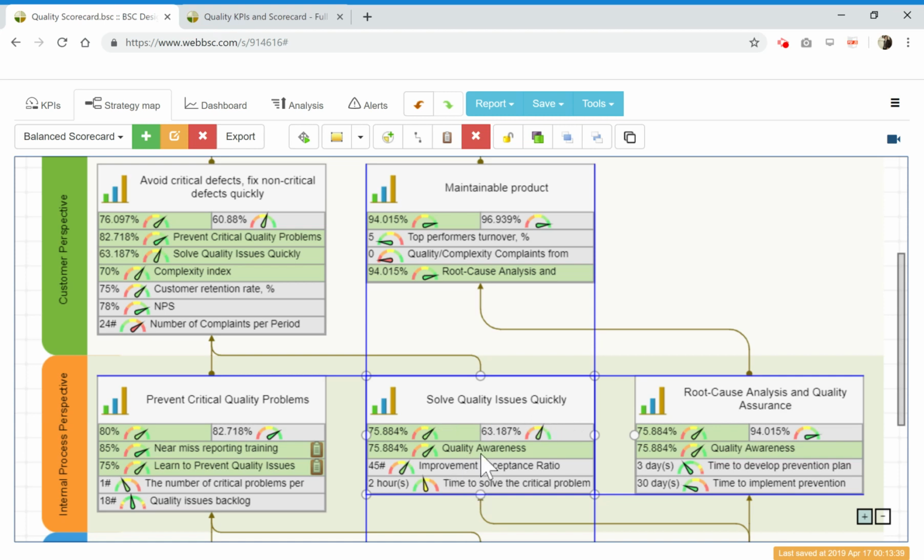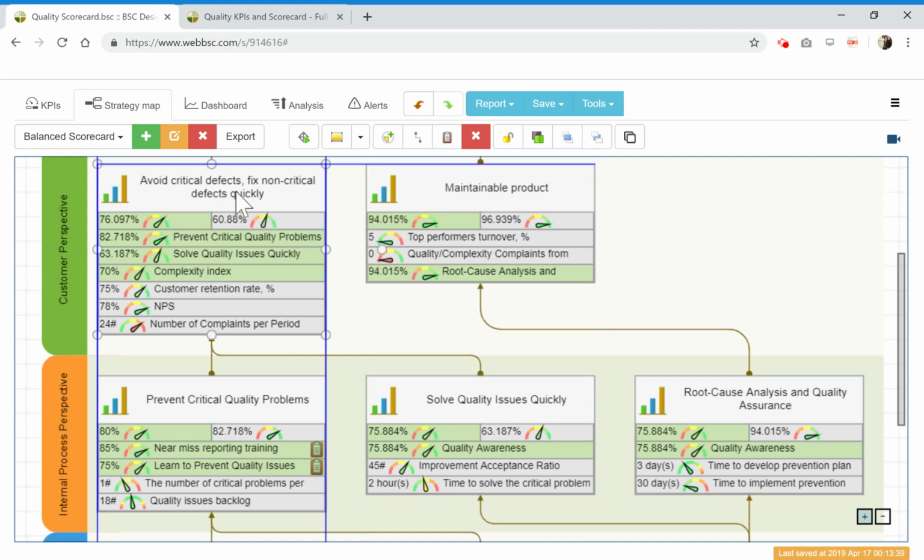So this goal is contributing to this goal, avoiding critical defects, and we'll see if customers liked our approach or not. What will we see if customers like our approach? We'll see that more customers stay with our product. We'll see that more customers recommend our products to colleagues or friends, the NPS indicator. The number of complaints per period, it's tricky.